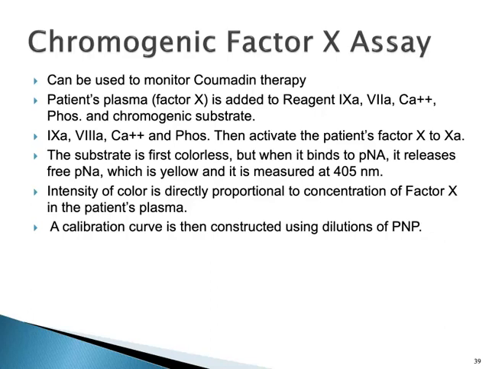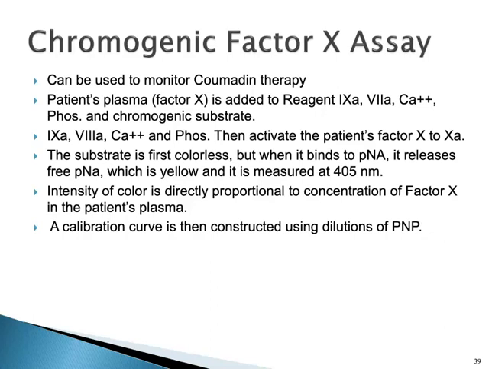The patient's plasma with factor 10 is added to reagent containing activated factor 9, activated factor 5, calcium, phospholipid, and a chromogenic substrate. These then activate the patient's factor 10 to 10A.